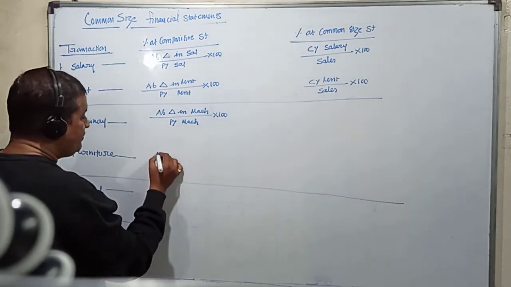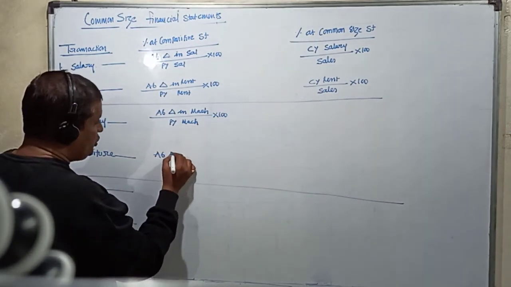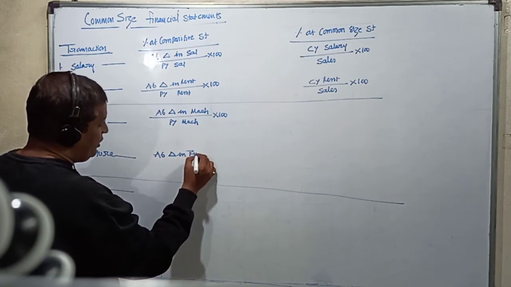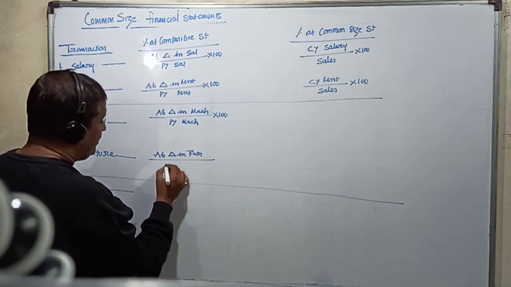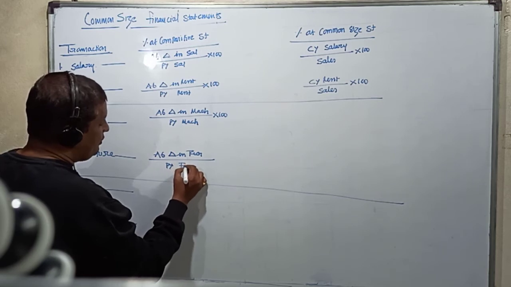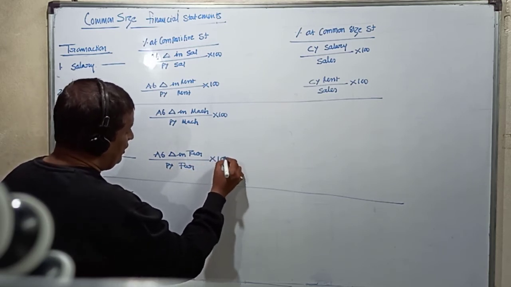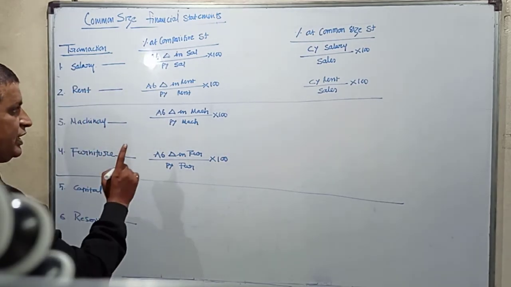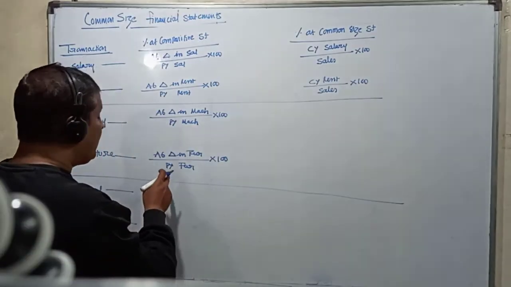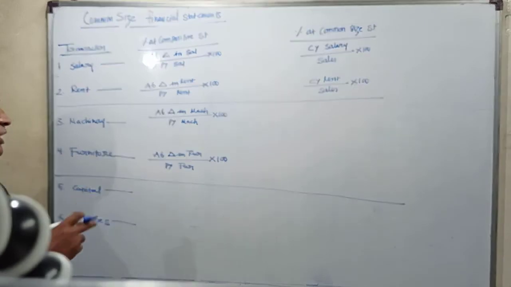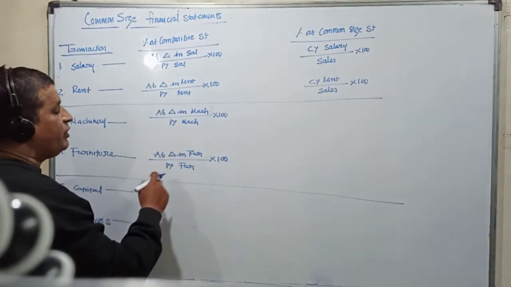Similarly for furniture, absolute change in furniture divided by previous year furniture amount into 100. You can go back and look at your problems which are solved in comparative statements. How do you calculate percent?